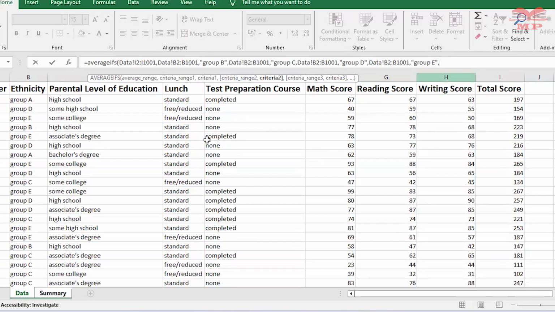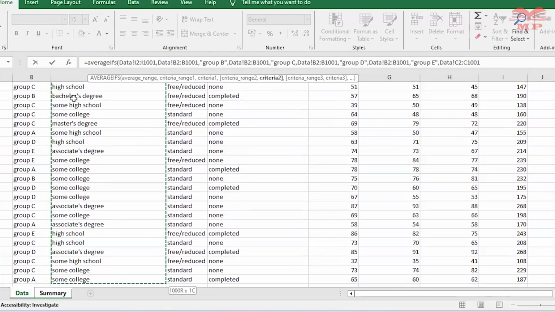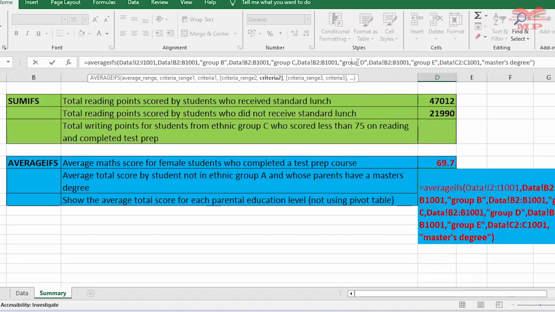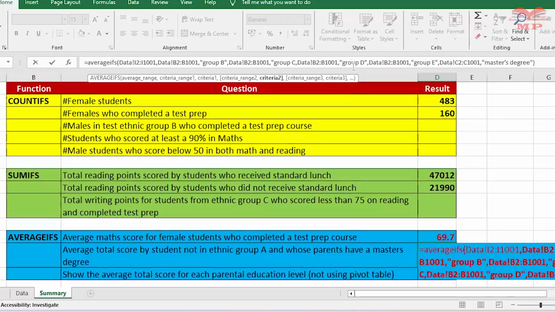Because I'm looking for a criteria range, and it is this one. Not the criteria is masters. It is telling me something about group D.